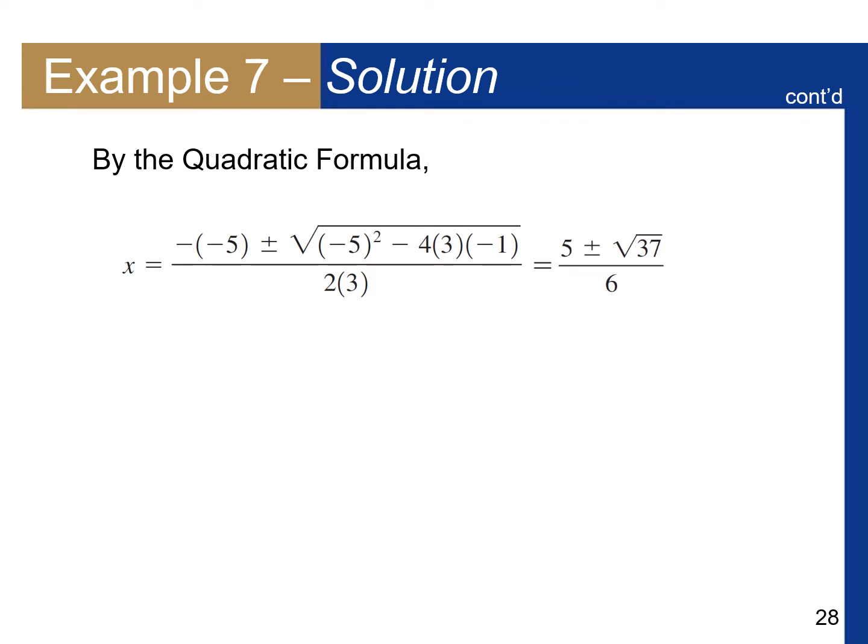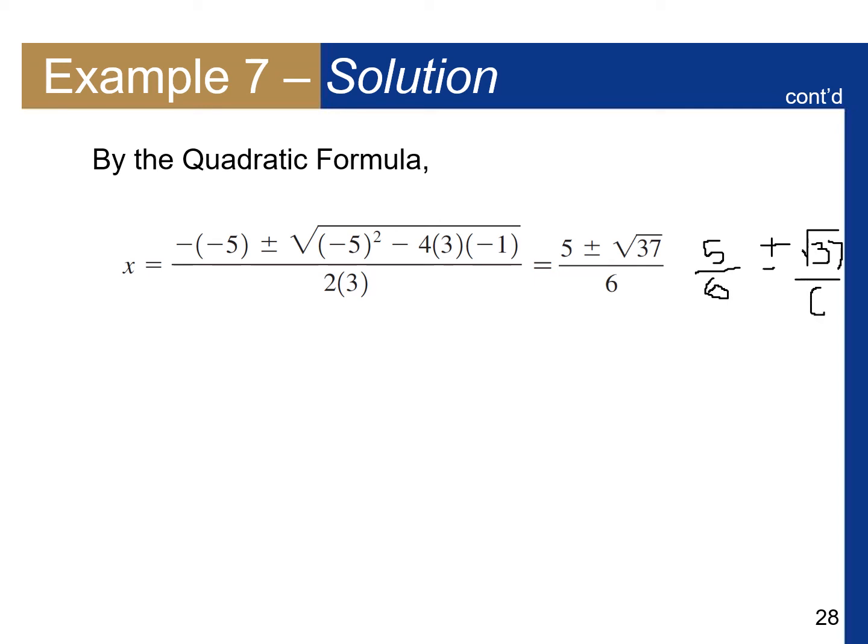Here we go. Sometimes they like to separate it and write it like this: 5 over 6 plus or minus the square root of 37 over 6.